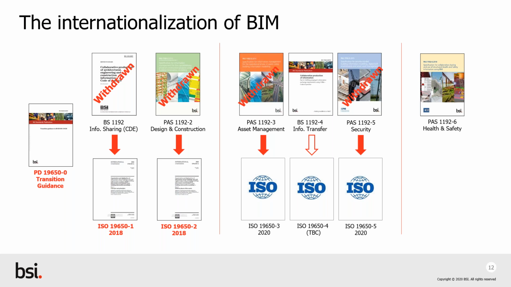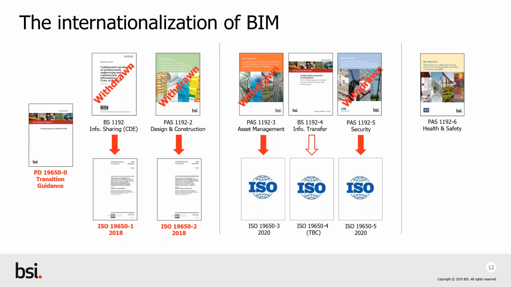Internationalization of BIM: what you see on the screen here at the top level are all the British standards that we were fortunate enough to get involved with, and together with the industry, we led that global effort in terms of a standards-based, procedure-based approach to BIM.